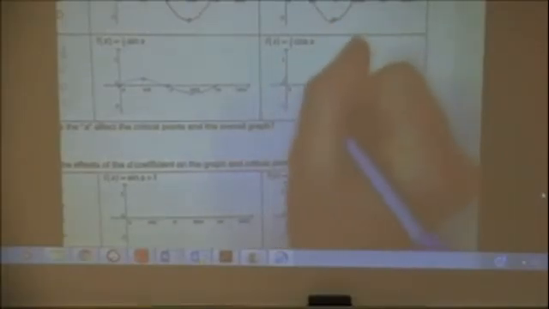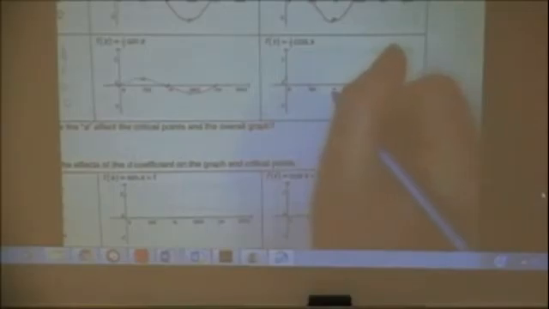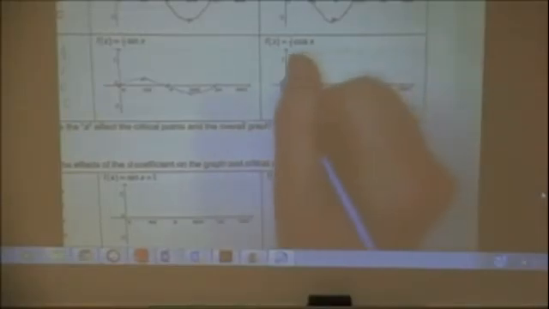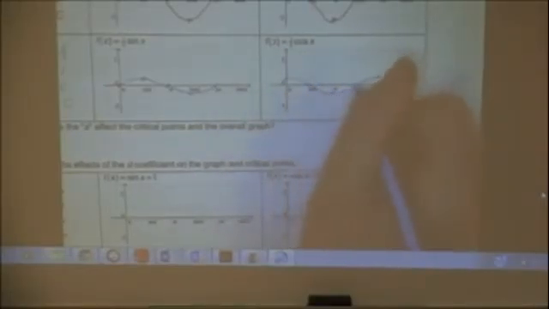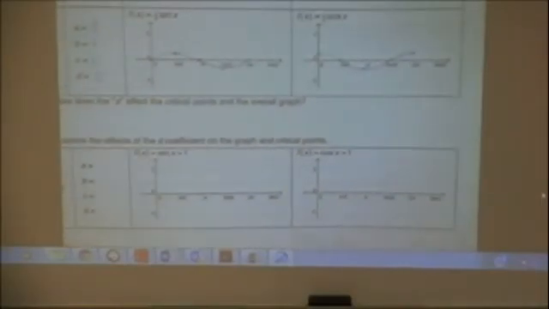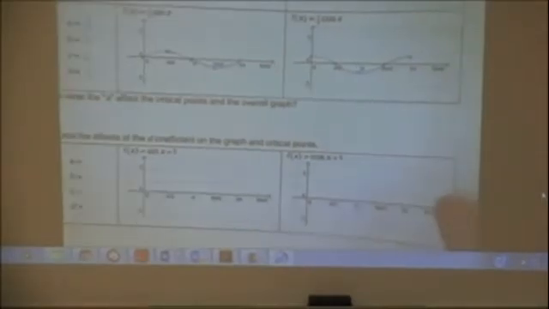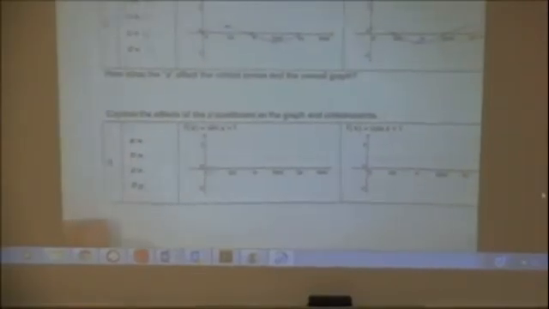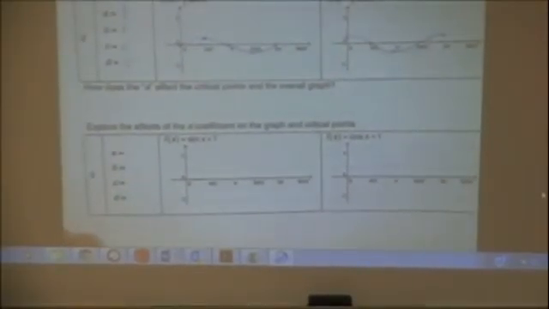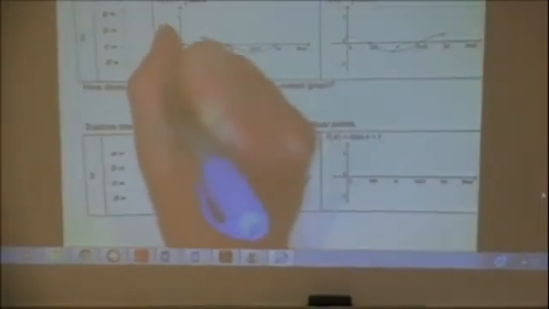Easy, right? Okay. So same thing with cosine. So how does the A value affect the critical points of the overall graph? It is a vertical stretch or compression.